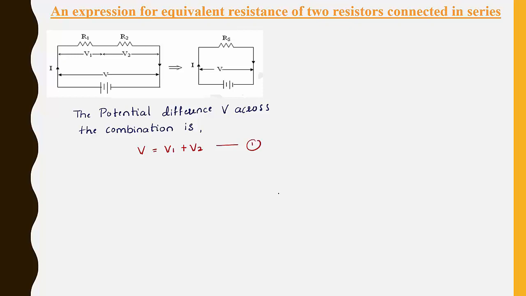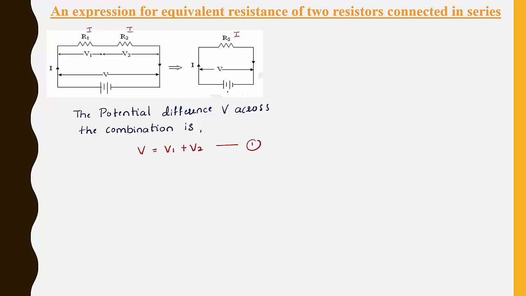Here we can replace all the resistances by a single resistor, written as Rs. When electric current I passes through the resistors R1 and R2, we have the common current I through R1 as well as R2. Likewise, instead of two resistors, I consider the equivalent resistance Rs. Through this resistor, again the current I is passing.